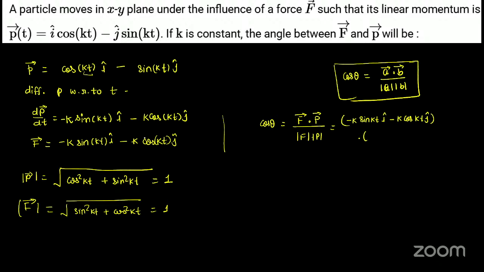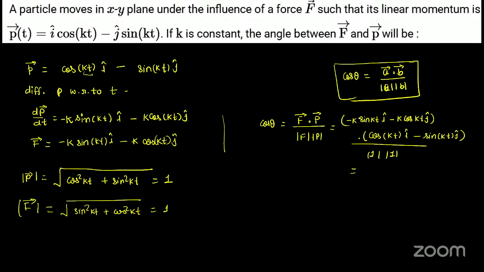P vector is, just a second, cos kt, right? Cos kt i cap minus sin kt j cap, divided by 1 into 1 because the magnitudes are 1 and 1.